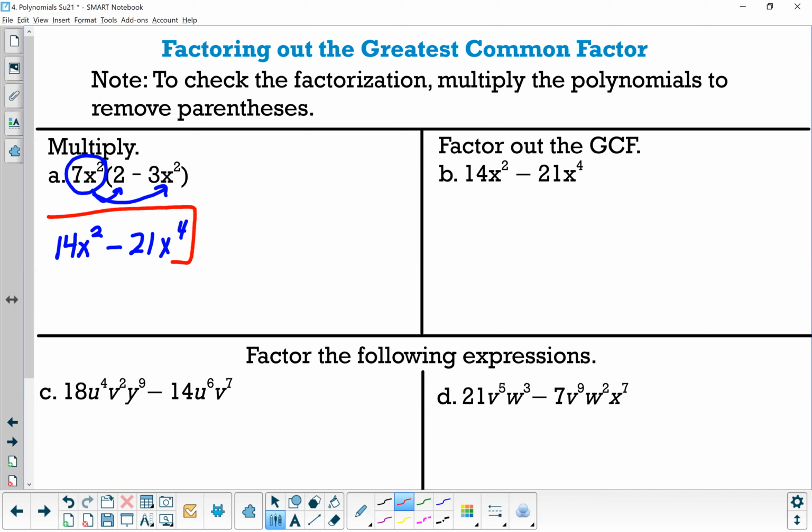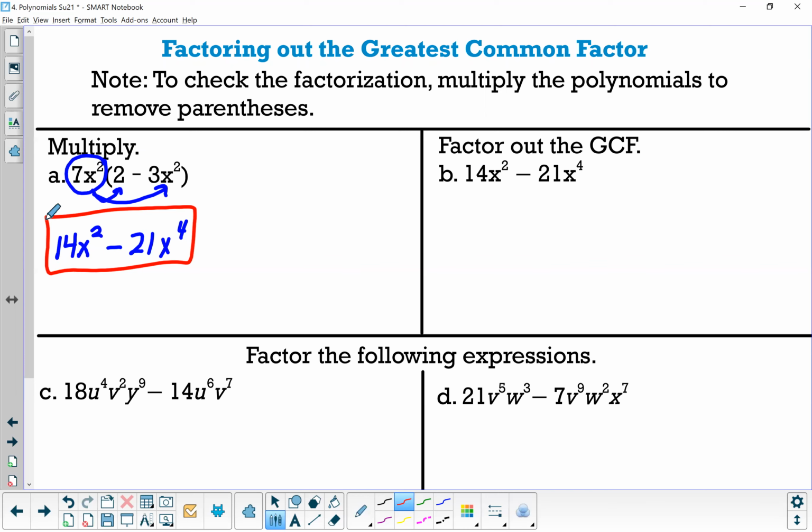All right, so that's a review. What we're doing now is we're looking at the process of factoring, which in essence is to reverse the multiplication, to undo the multiplication, to write our expression as factors that are multiplied, right?